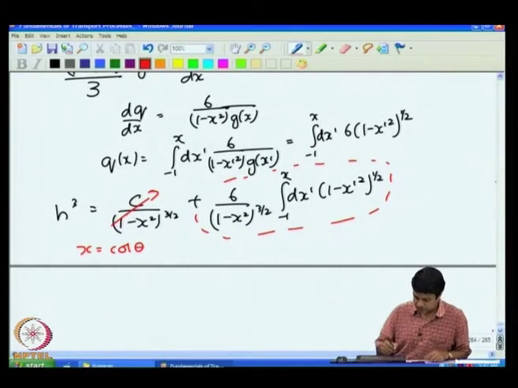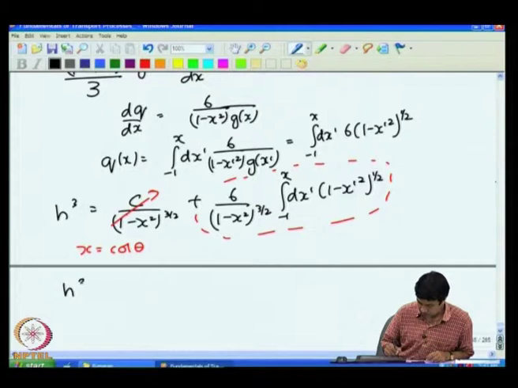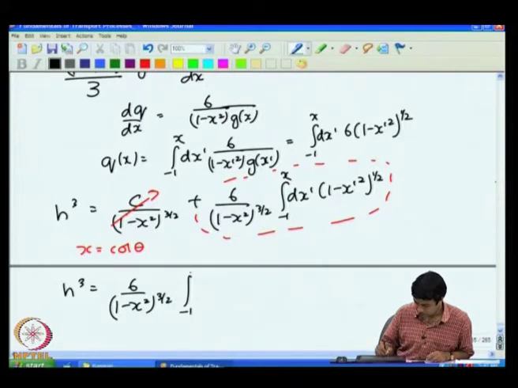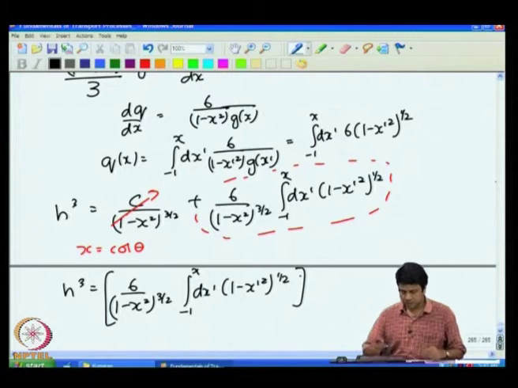And therefore, this boundary layer thickness h cubed has to be equal to 6 by 1 minus x square, or 3 by 2 integral minus 1 to x dx prime, 1 minus x prime square power half. So, this is the boundary layer thickness.